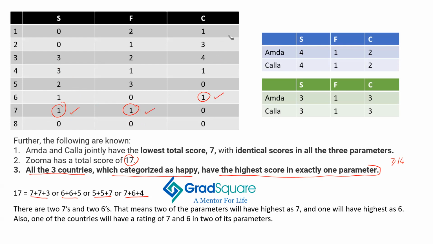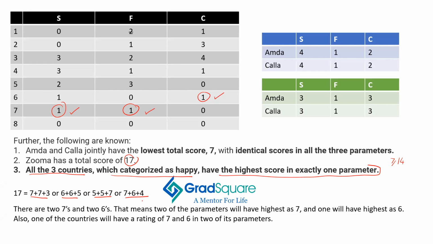So these are the 3 numbers that we are going to look at, because the countries which had been categorized as happy, one of them should have Social Security at 7. The other one should have freedom of choices at 7. And the third one should have corruption at 6. And that should be, for all of them, the highest possible, right? So let's now get into and look at this.